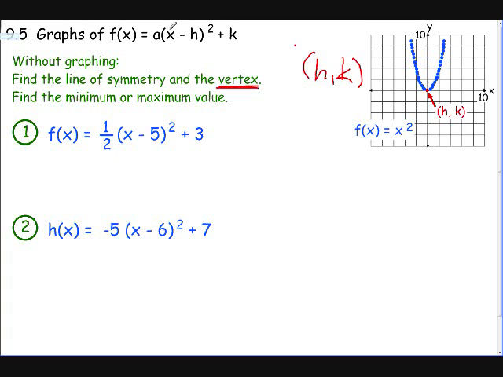Notice that in the vertex form, inside the parentheses, x has a coefficient of 1. Any multiplier on x has been pulled outside the operation. So x minus whatever the horizontal shift is, which is going to tell us the x-coordinate of the vertex, and then outside the operation is our k. So in this case, what is our vertex?